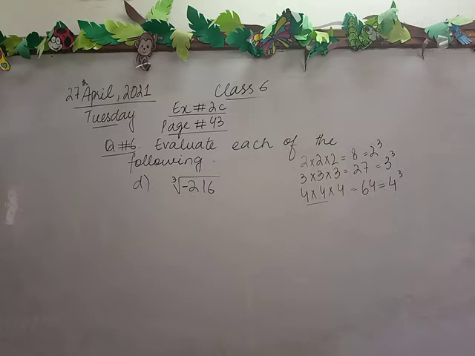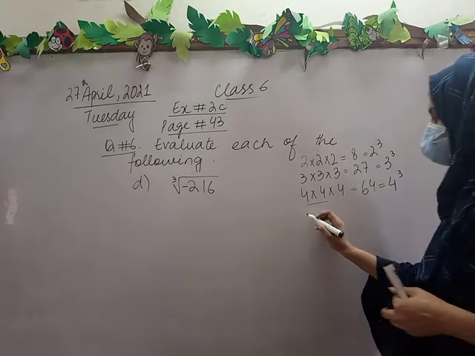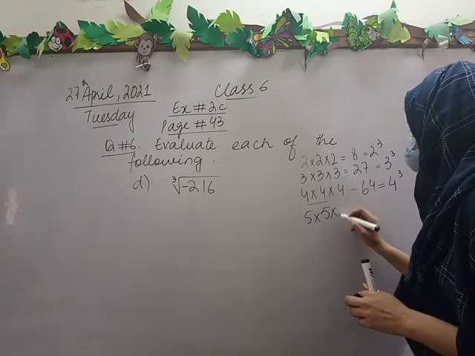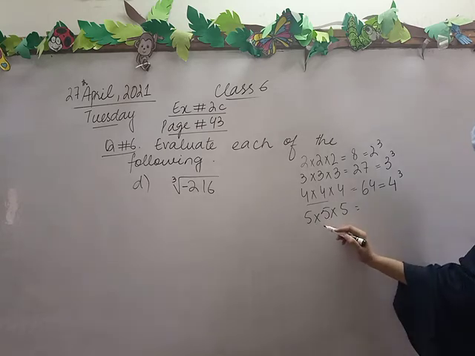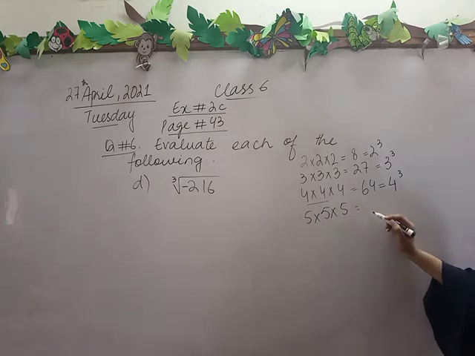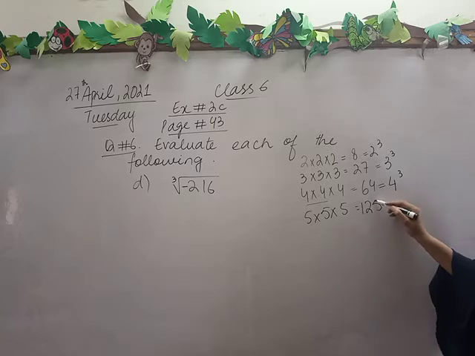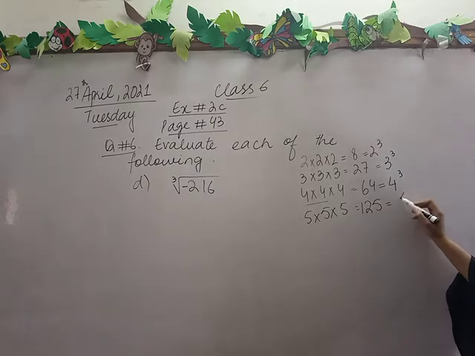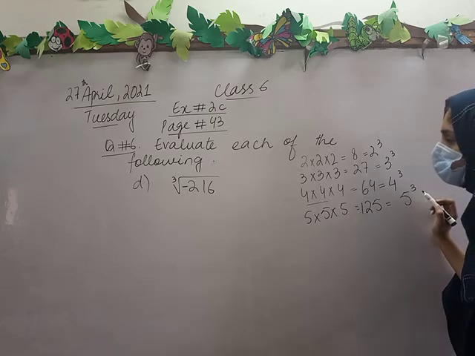For this, as I write on the board, 4 cube equals 64, and 5 cube equals 5 into 5 into 5. 5 times 5 is 25, and 25 times 5 is 125. So I will write 5 cube.